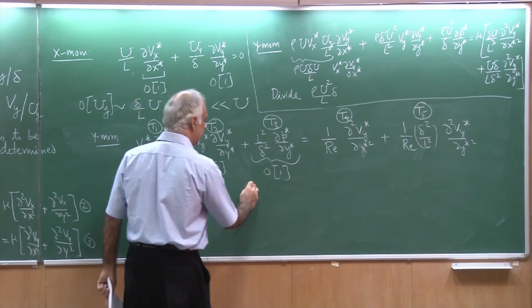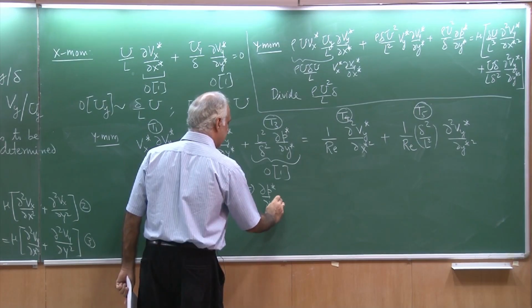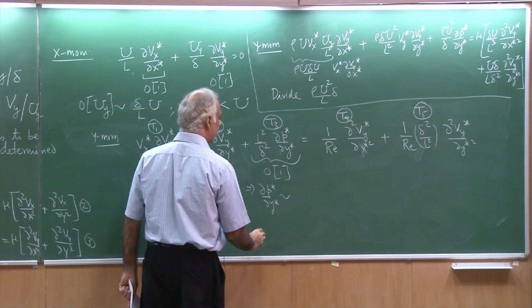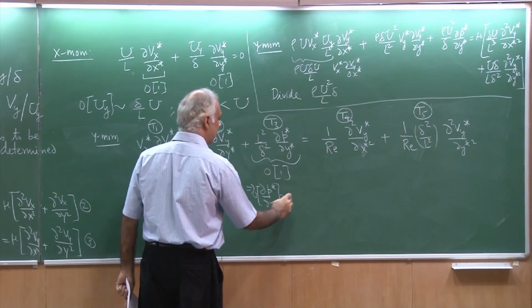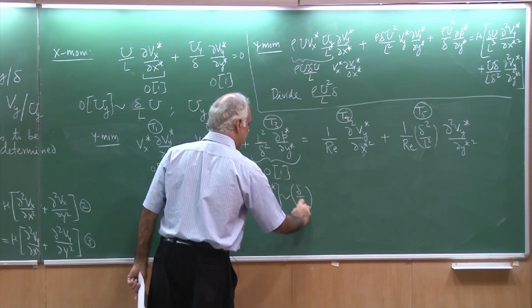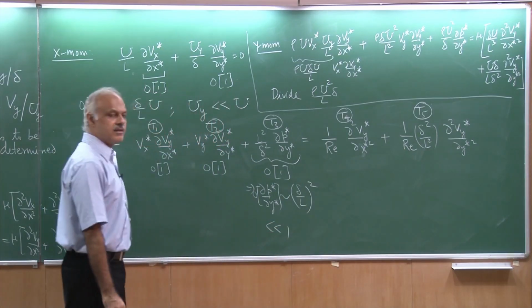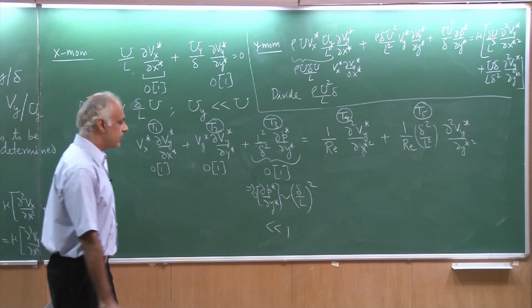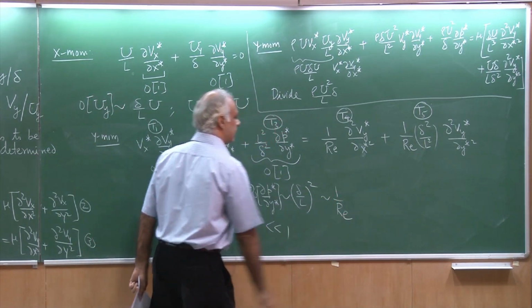And what that would imply is that del P star by del y star is actually of the order of the inverse of that, so it should be delta by L whole square, which is actually much, much less than 1, because delta is very small. As you know, delta by L whole square is of the order of 1 by Reynolds number.